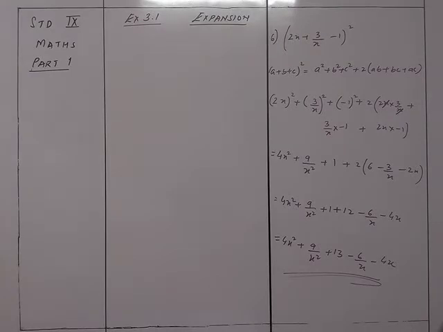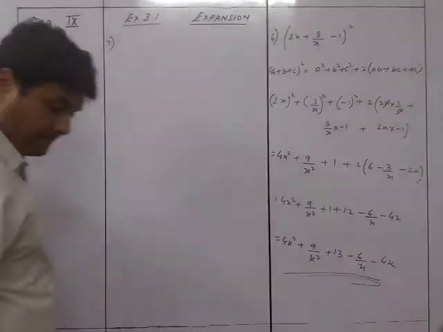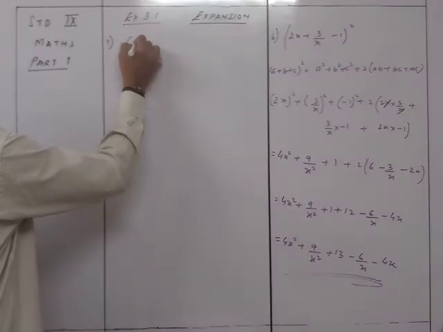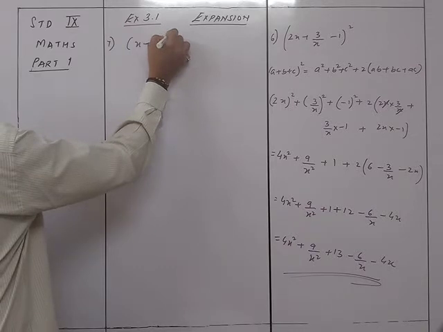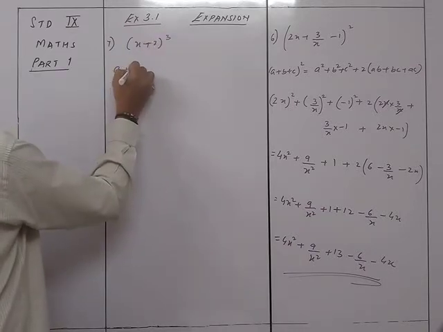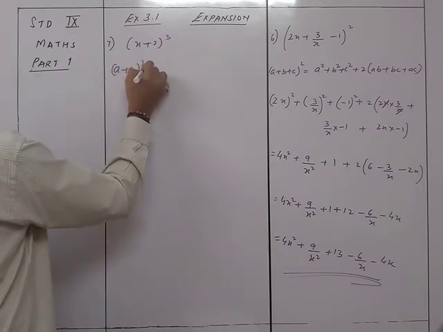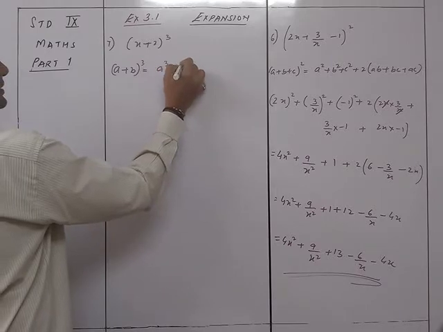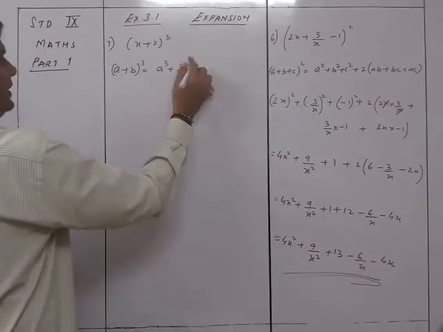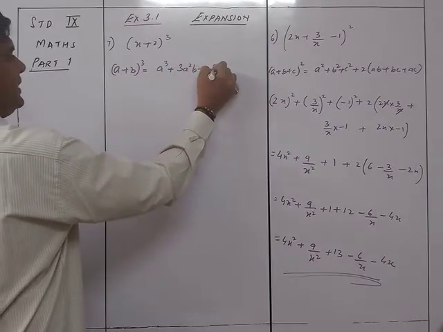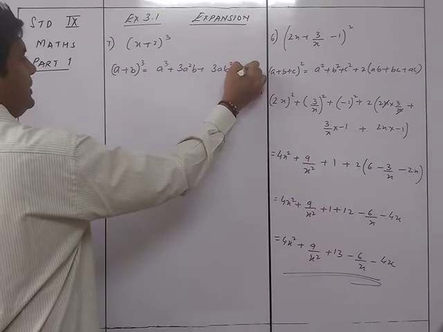It is (x + 2) the whole cube. So it is (a + b) the whole cube, that is a cube plus 3a square b plus 3ab square plus b cube.